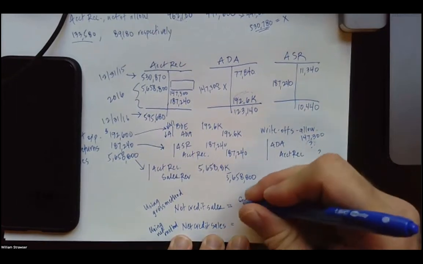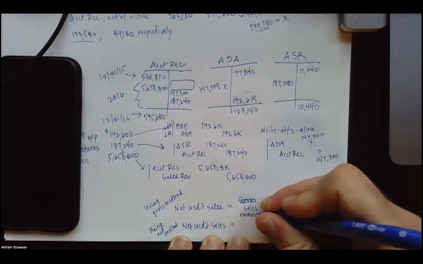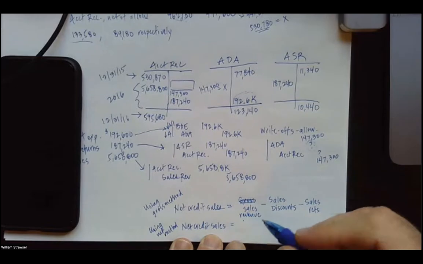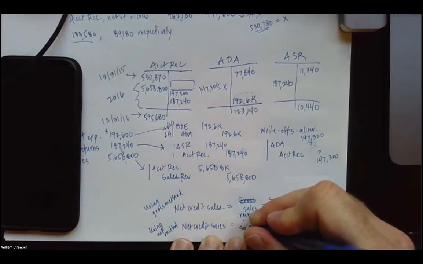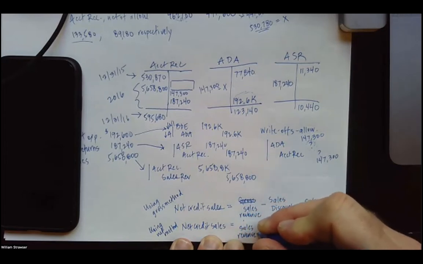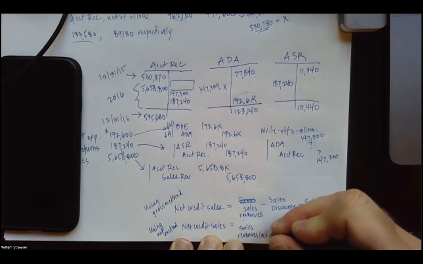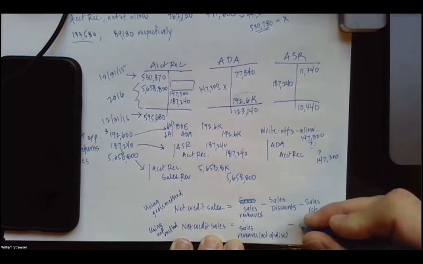So, and I say gross sales, maybe I should just call it sales revenue. But since if we use the net method, it already reduces sales revenue, this is already recorded net of discounts. Then all we have to do is subtract off sales returns.